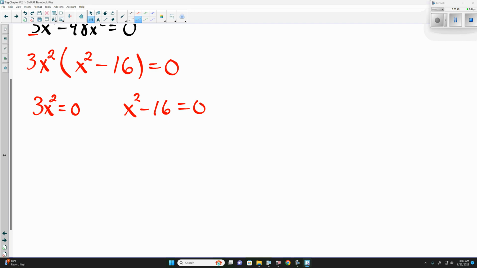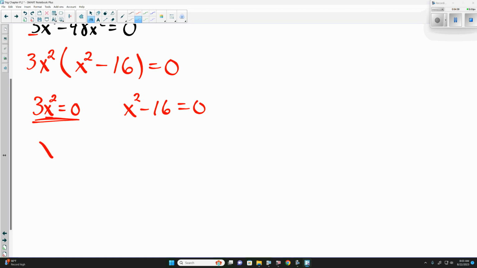Now, 3x squared equals 0. Well, normally we would divide both sides by 3 and go from there. Well, if we have more than one thing multiplied together equals 0, one of them must be 0. And is there any way I can make 3 be 0? No, it's already 3, yes? So the only thing that could be 0 in this side of the equation is our x squared.